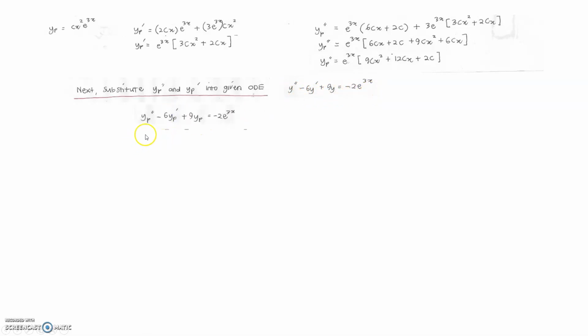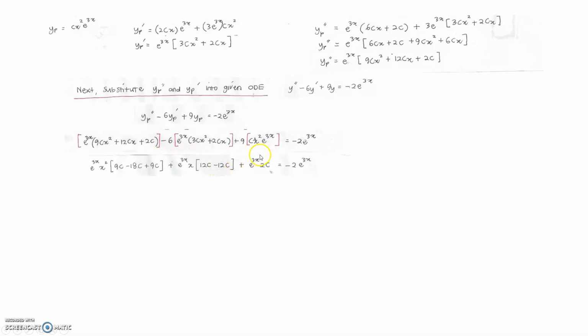So from there, you get yp double prime minus 6yp prime plus 9yp equal to negative 2 exponential 3x. Then you substitute yp double prime, yp prime, and yp, and after that you need to rearrange accordingly.